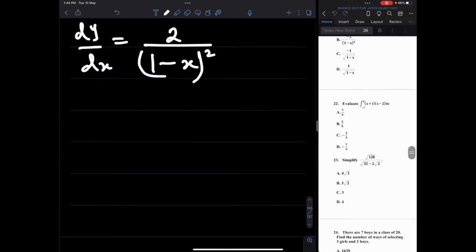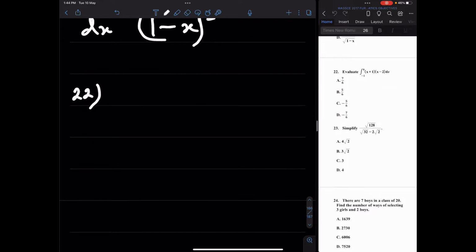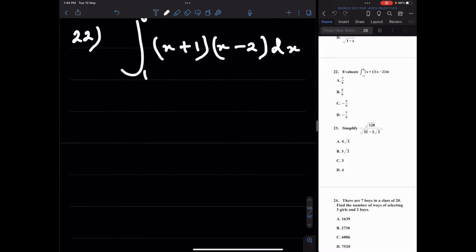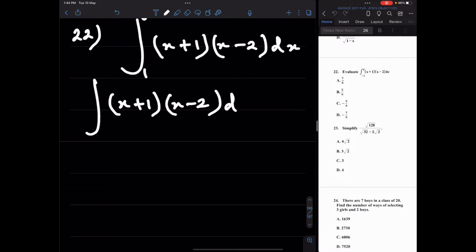So we go straight to the next, which is number 22. Evaluate the integral with limits 0 and 1 of x plus 1 times x minus 2 with respect to x. What you do here is integrate the product of x plus 1 and x minus 2 with respect to x first.